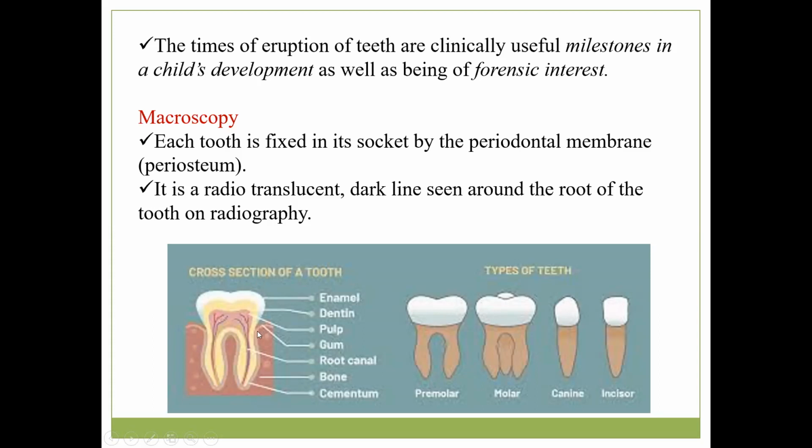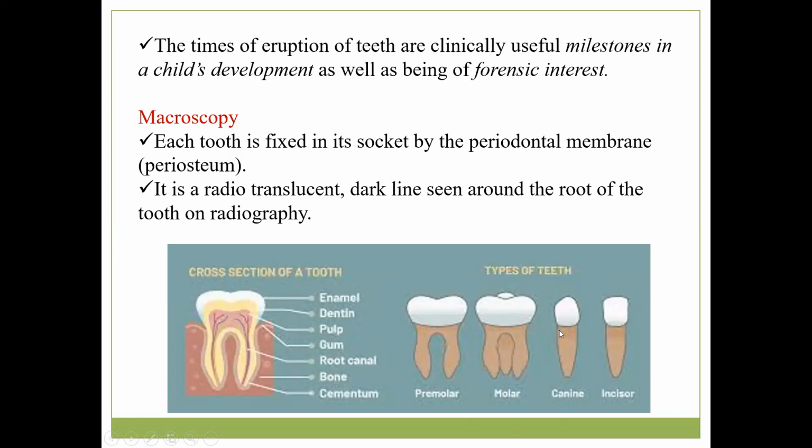In the part which is in the bone, you have the root. Inside the root, there is the root canal, and the root is covered by the cementum. Then here you can see the shapes of the various teeth: the incisor, canine, molar, and premolar.